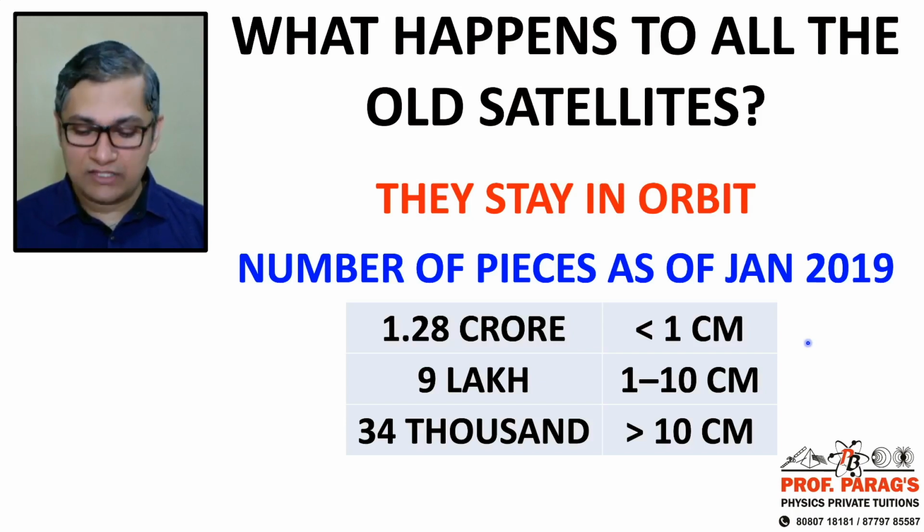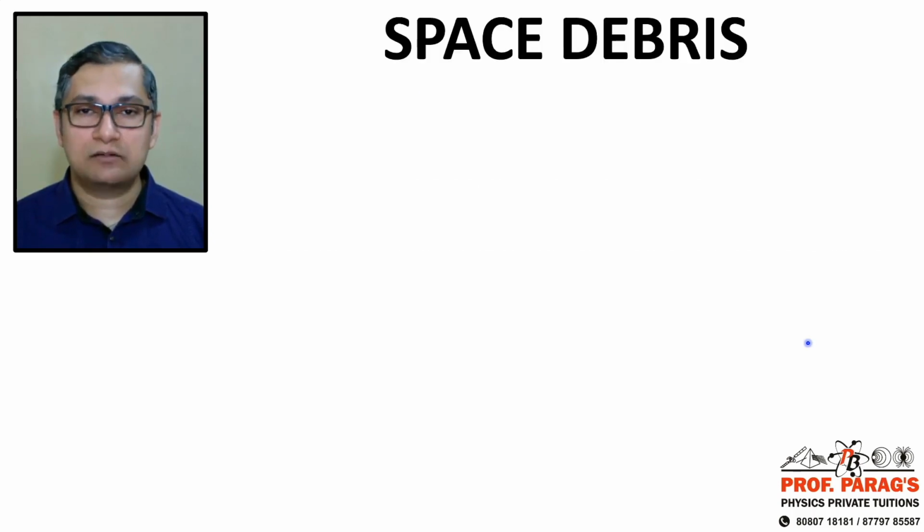And all of these things form what we call space debris. Basically, kachra in space. So you may say, okay, fine, it's in space, it's not polluting the atmosphere or anything on Earth.